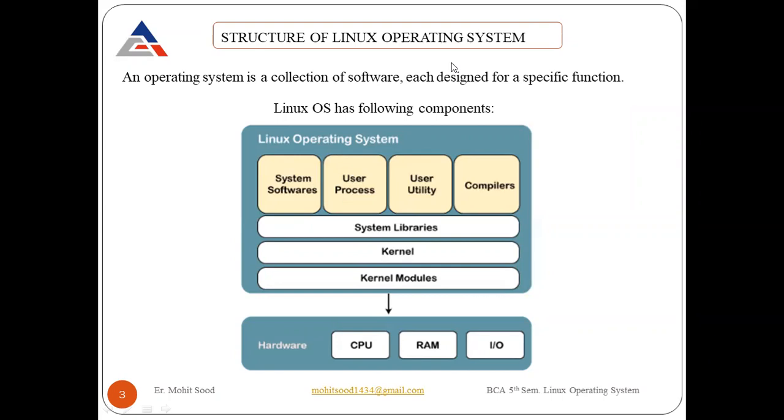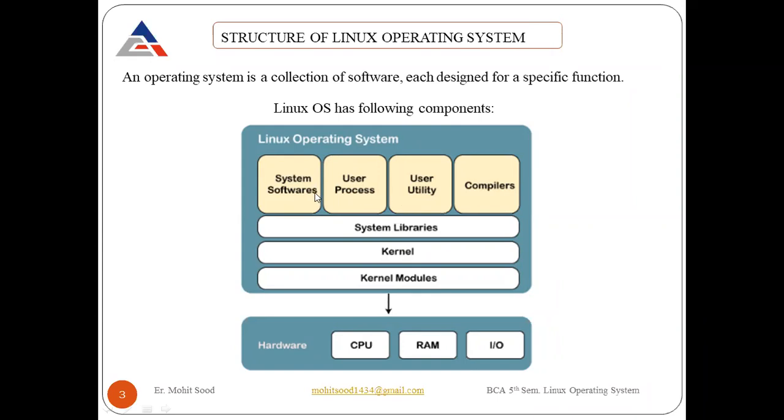Here you see the structure of the Linux operating system. This is a very important structure. Here you see system software. These are the components of the Linux operating system, a collection of components that make up Linux. The first component is your system software. Second is your user process.